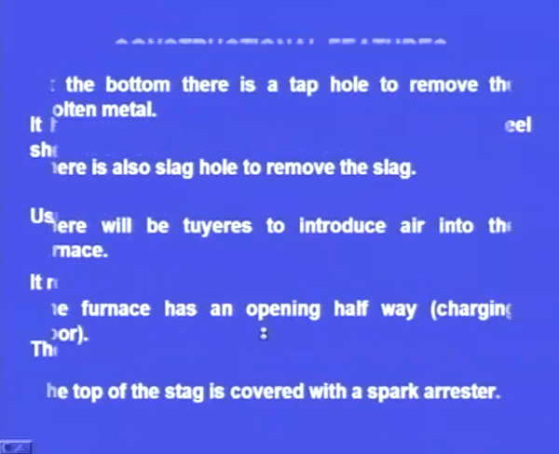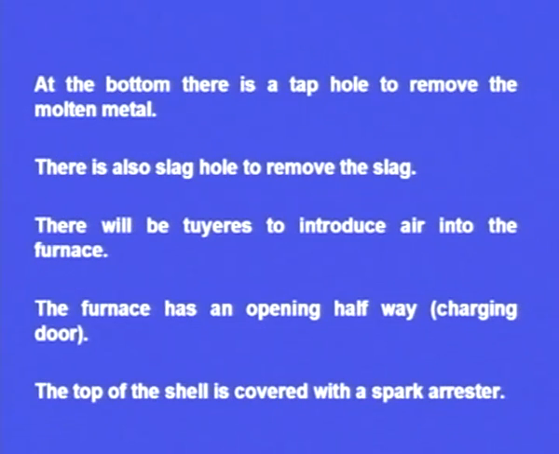Next one, at the bottom there is a tap hole to remove the molten metal. There is also slag hole to remove the slag. There will be tires to introduce air into the furnace. The furnace has an opening which we call it as charging door. The top of the shell is covered with a spark arrestor.